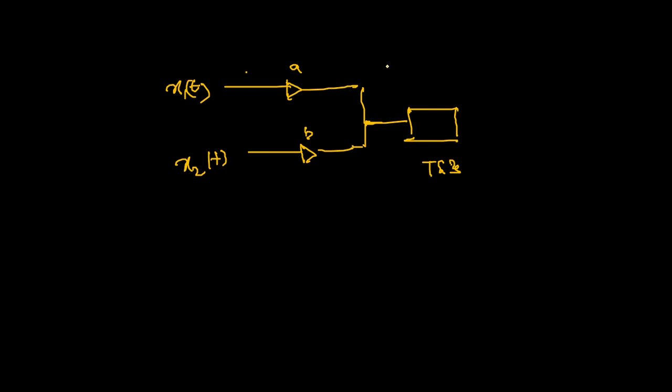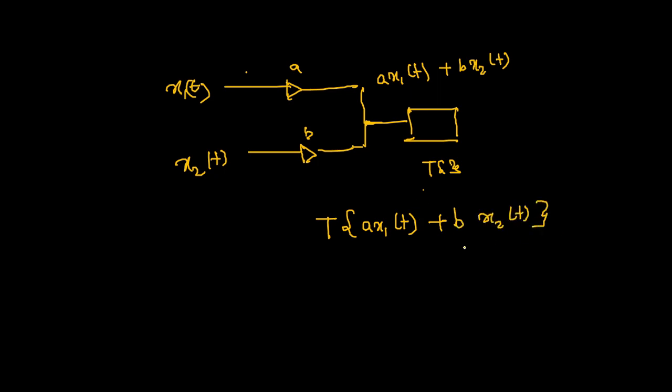So first I get the sum, a x1 of t plus b x2 of t, and then I run it through the system. So the T operation is actually performed on the sum of both the signals. So here my answer is T of a x1 of t plus b x2 of t. So this is the RHS.